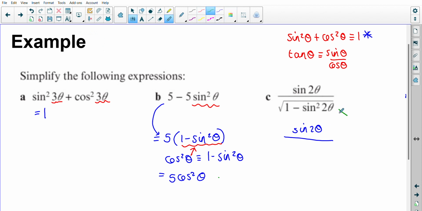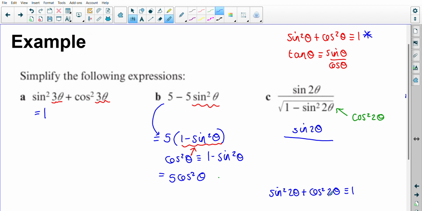Well, that could be written as cos squared 2 theta. Okay, if you've not spotted it, I'll do it down here for the time being. So if I've got sine squared 2 theta plus cos squared 2 theta equaling 1, I've just changed the angles.